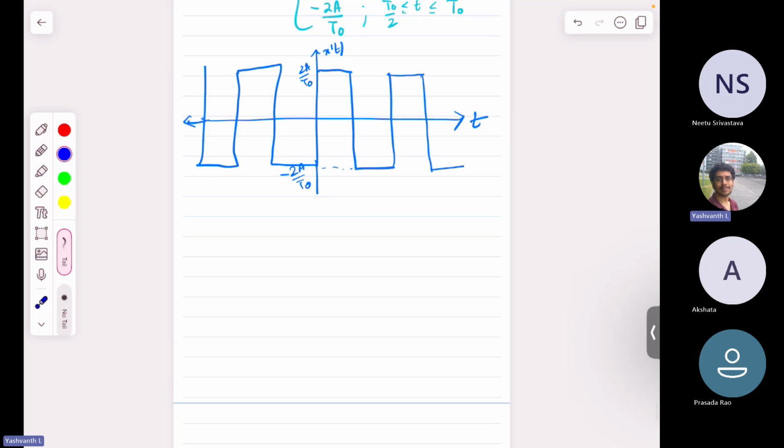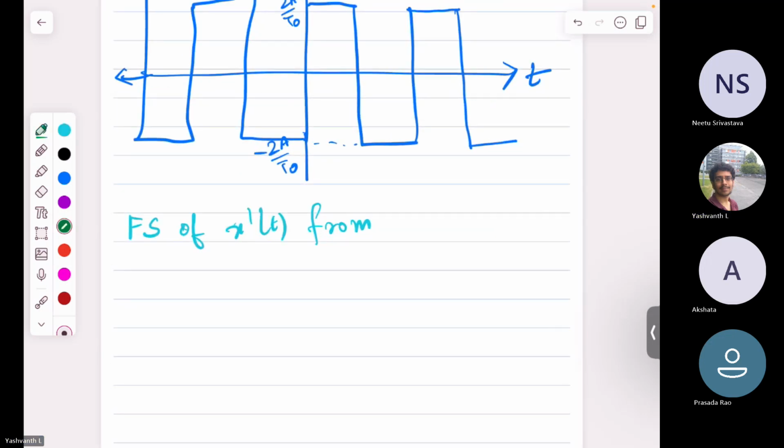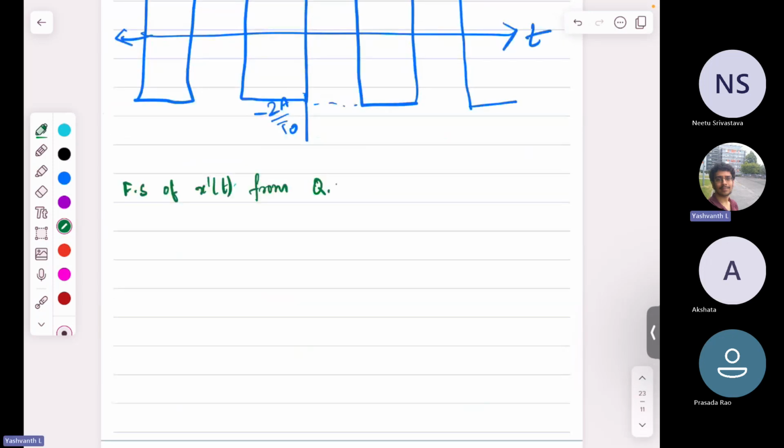Let me now write down the Fourier series of x dash of t. From question 3, when a is replaced by 2a by T naught.